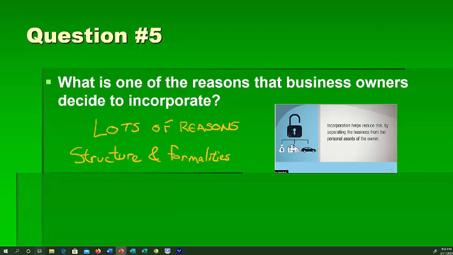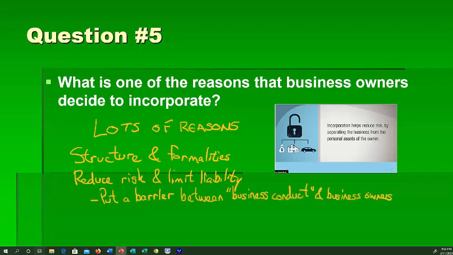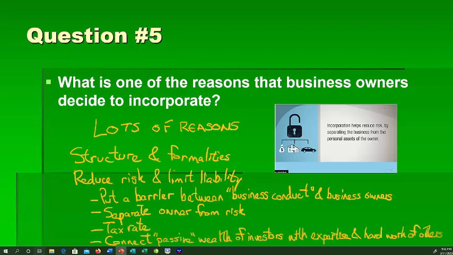Sometimes it's nice to have that structure so that the people that you're dealing with all sort of set their expectations. Again, reduce risk and limit liability. So it puts a barrier between what the business does and what the individuals who own the business are doing, and it separates that owner from the risk.